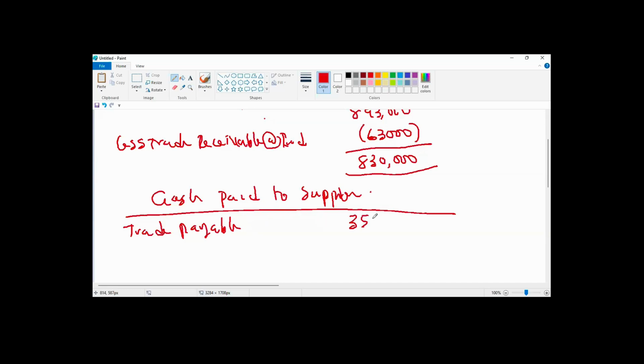Add purchases. But they are not going to give me purchases.